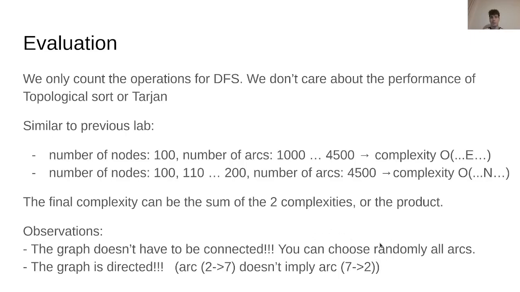You can choose randomly all of the arcs. So all the 4500 arcs can be completely random. And also don't forget that the graph is directed. So if you have arc 2, 7, it doesn't mean that we also have the arc 7, 2.